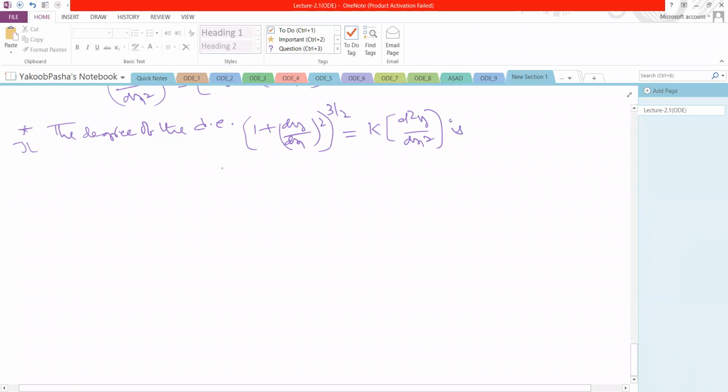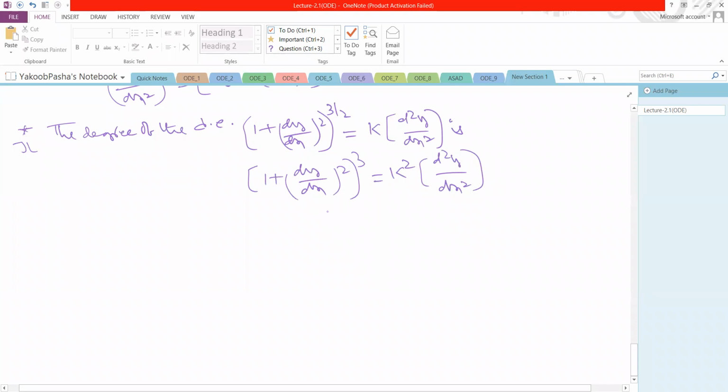First, we have to find the order, then it is easy to find the degree. First, we remove the fraction 3 by 2. That is, we can write this differential equation as (1 plus dy by dx whole square) whole power 3 is equal to k square into d square y by dx square.